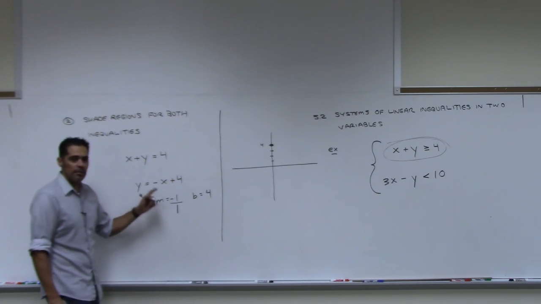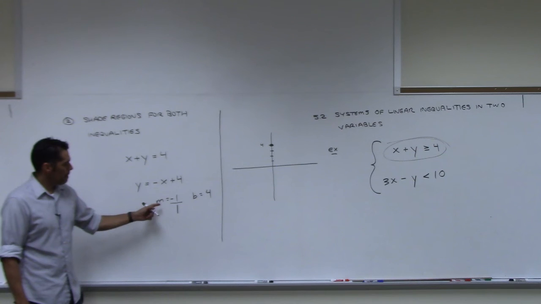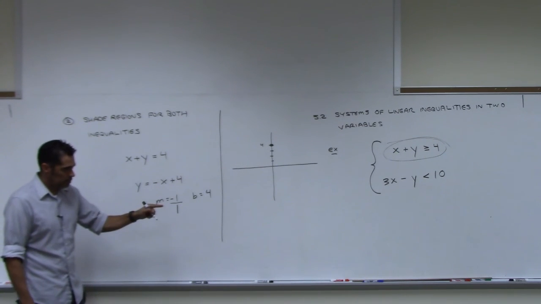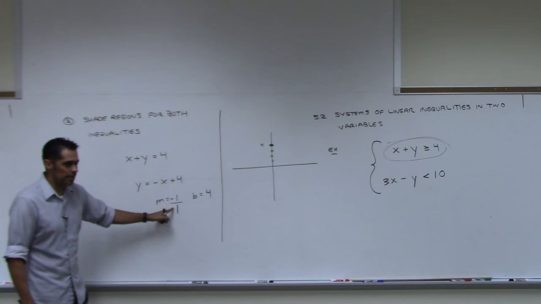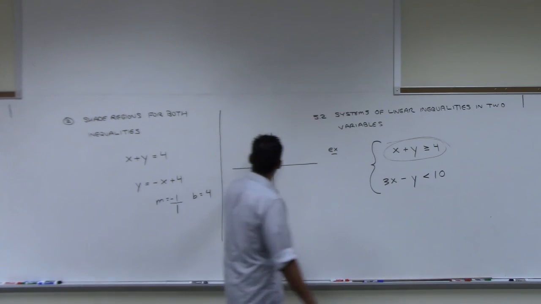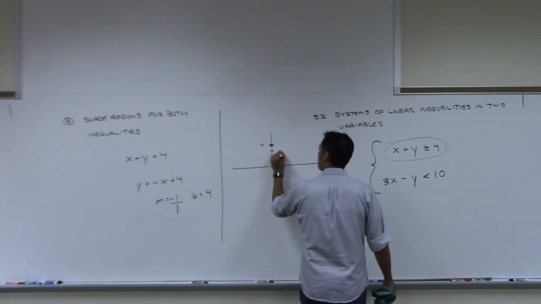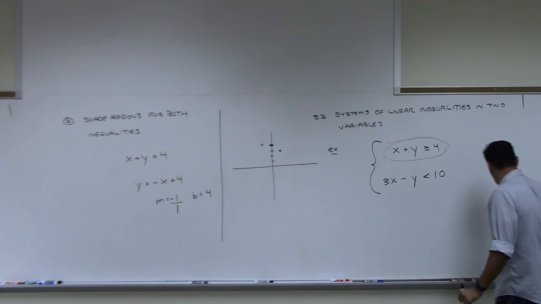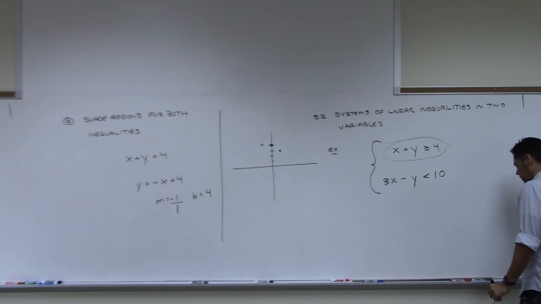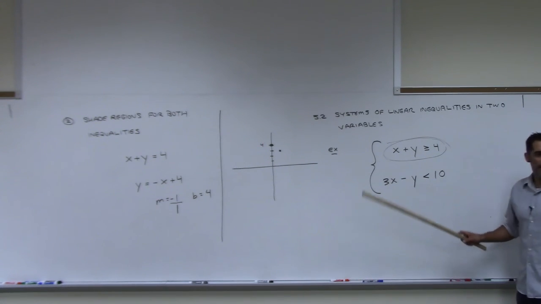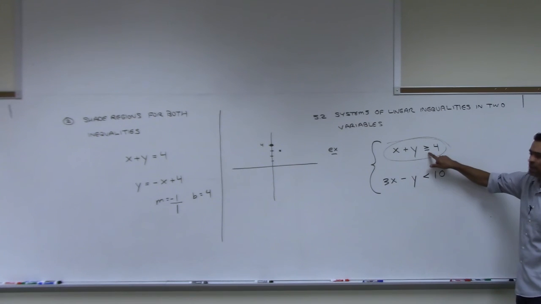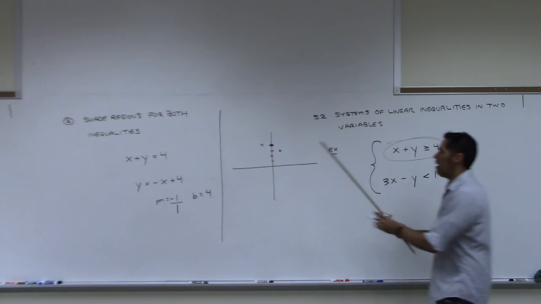So this would mean what? Down 1, right 1. That's what this means. So I'm going to go down 1, right 1, and draw another dot. And then I'm going to connect the two, right? And when I connect them, I'm going to draw a what? Solid, because this was equal, right? So that's what I have here.